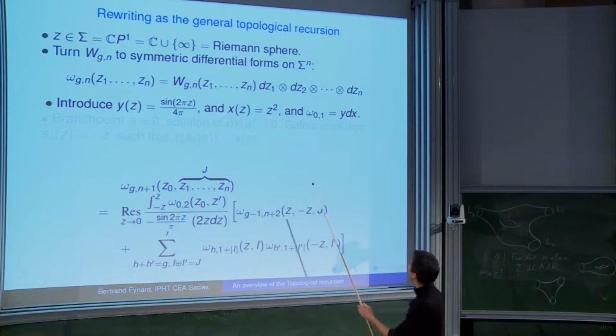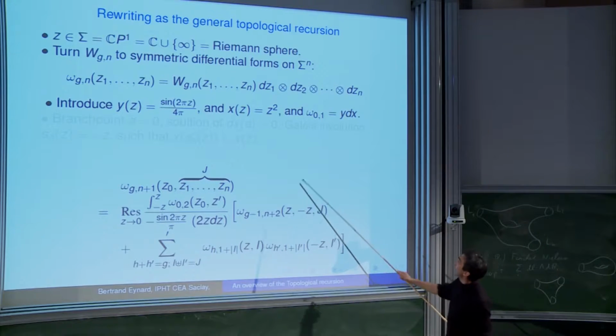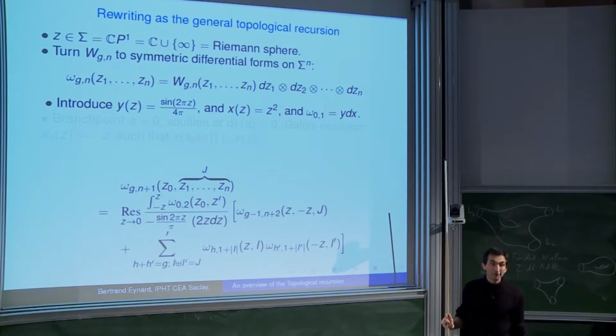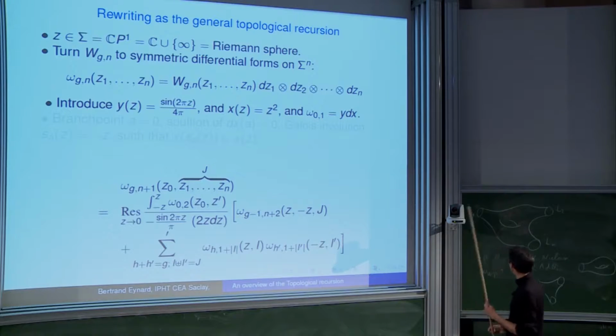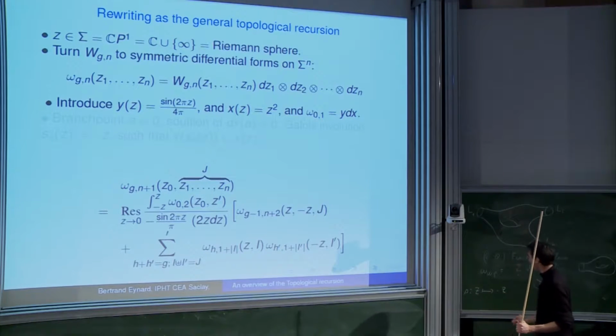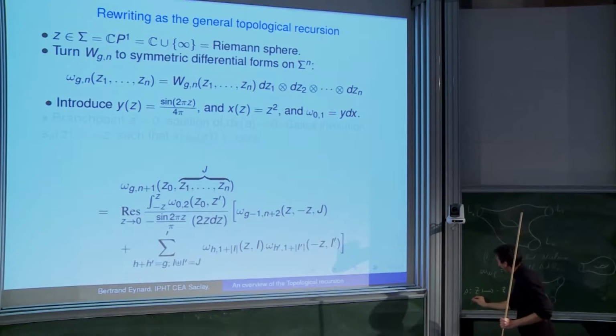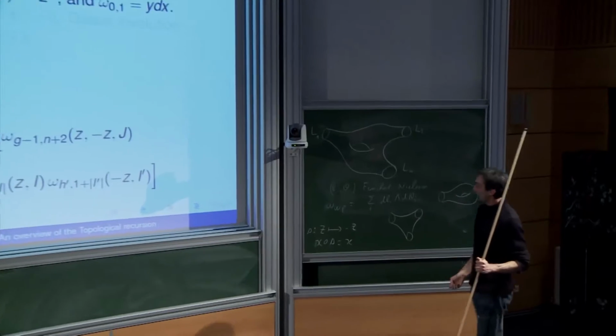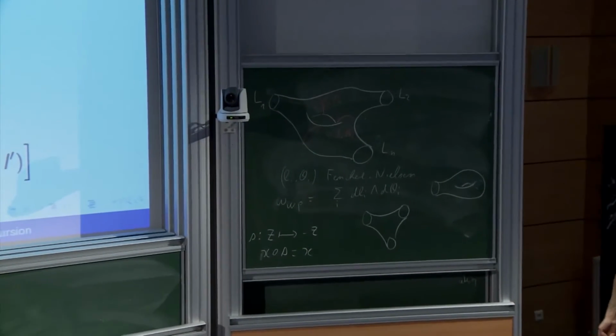So another remark is that the minus z here is such that minus z to the square equals z to the square. So the map which to z associates minus z, let me call that map S, would be such that x of S of z equals x of z. I would call it the local involution.